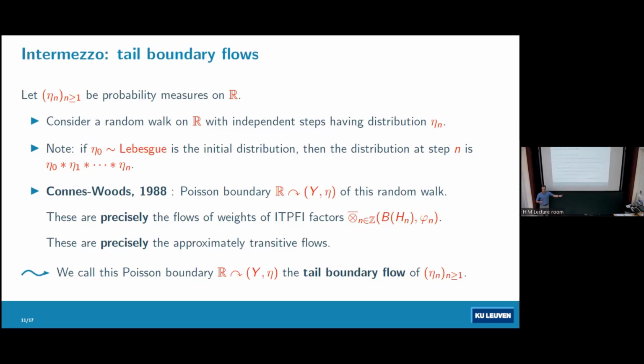So infinite tensor products of type I factors, where you can imagine what happens. A type I factor is of course B(L2), and you have the state on it, which you can diagonalize.